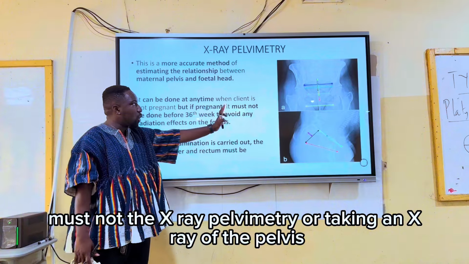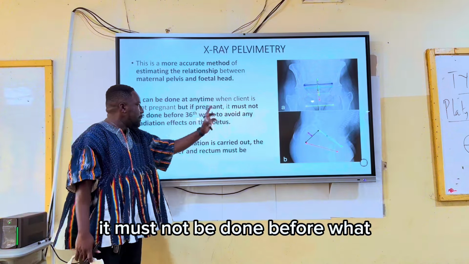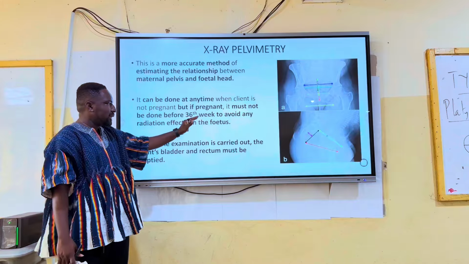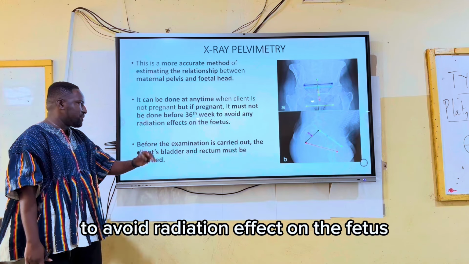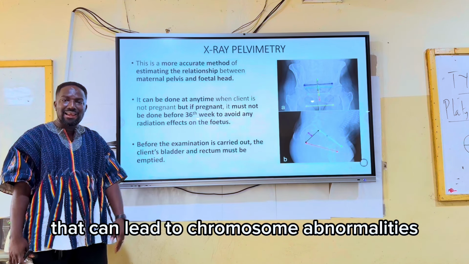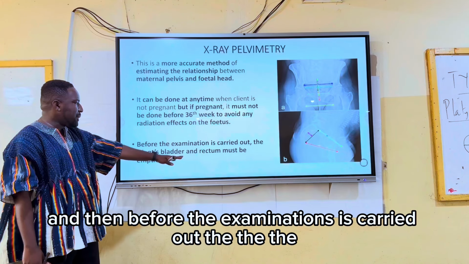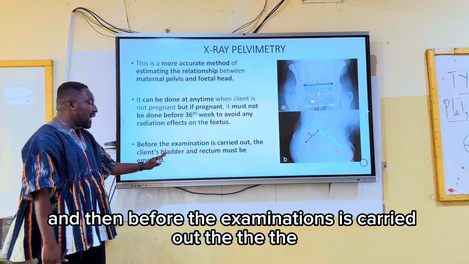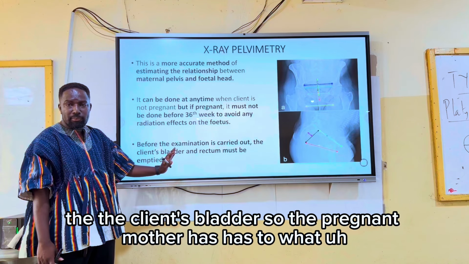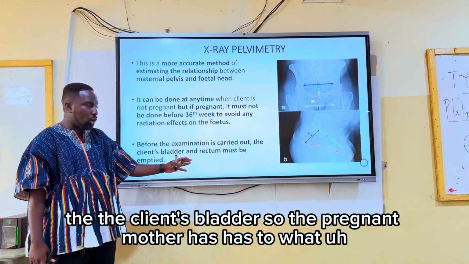X-ray pelvimetry must not be done before 36 weeks to avoid radiation effect on the fetus. That can lead to chromosomal abnormalities.